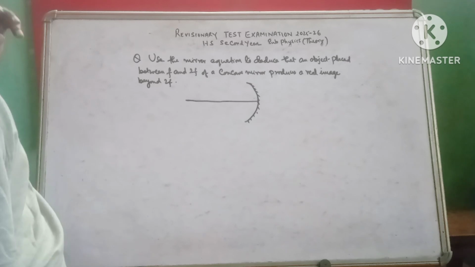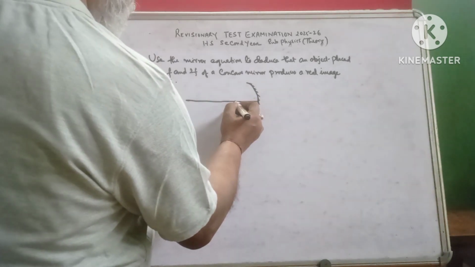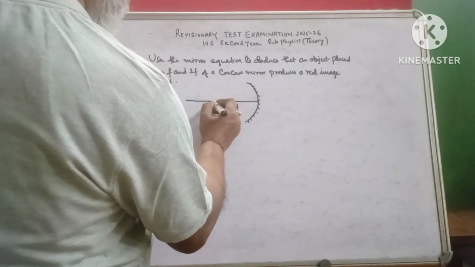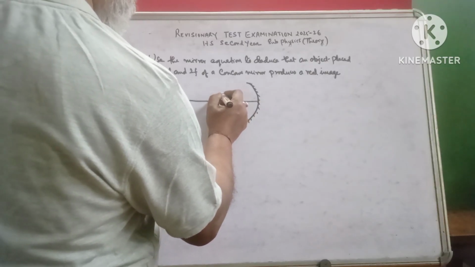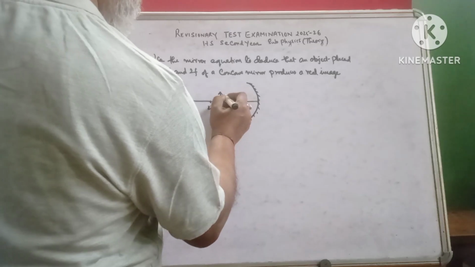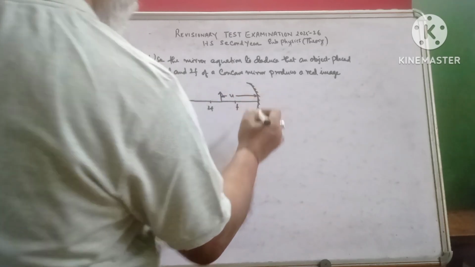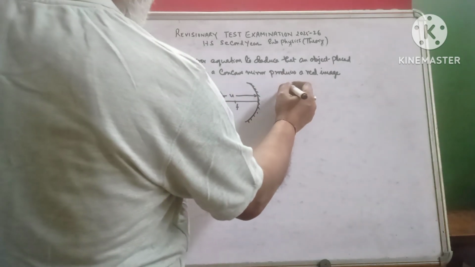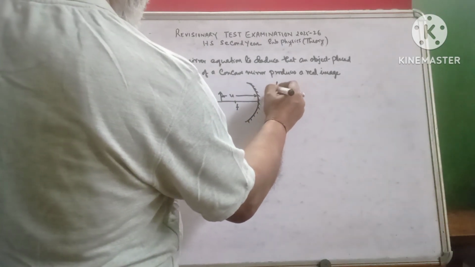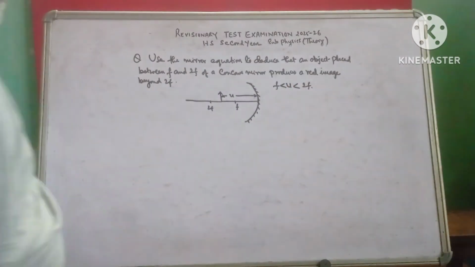The object is placed between F and 2F. Here, this is your object. This is your U. So mathematically, that means U is greater than F, less than 2F.